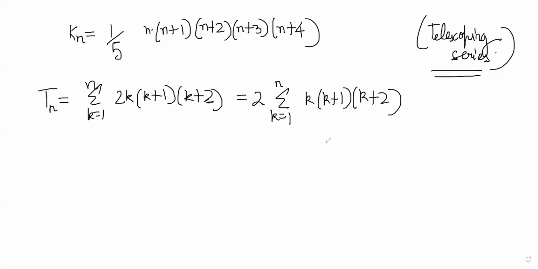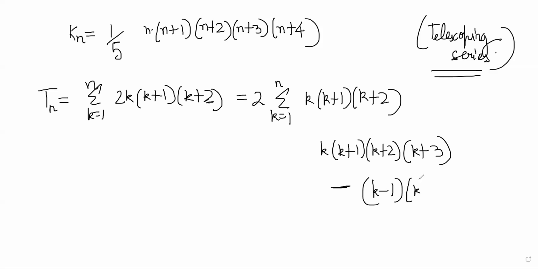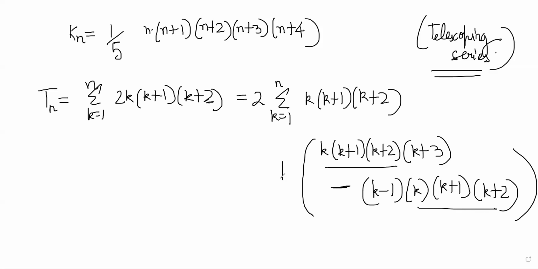And now how do I split this? I'll write it as k plus 1, k plus 2, k plus 3 minus k minus 1, k plus 1, k plus 2. And if you think about it, you can take these 3 terms and these 3 terms common and it becomes 4. So we will do a 1 by 4 outside.